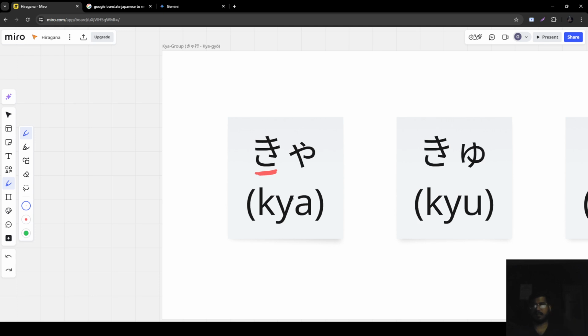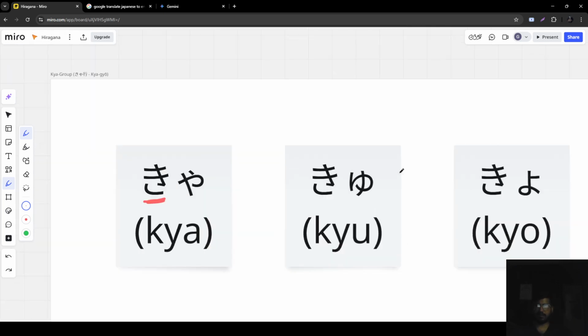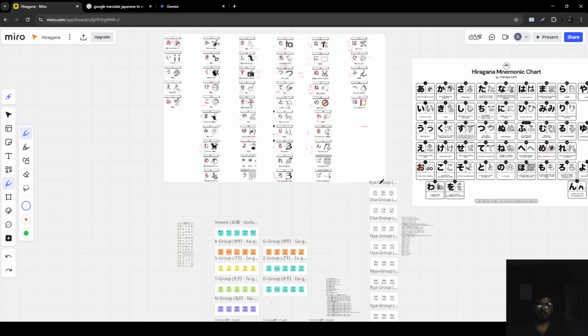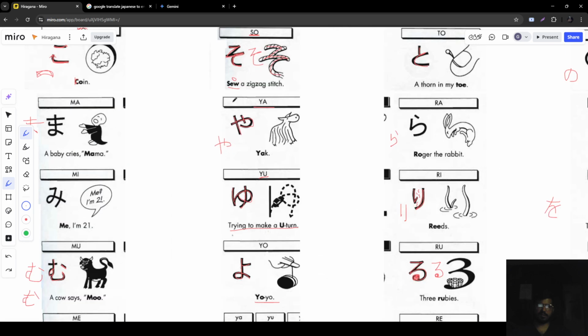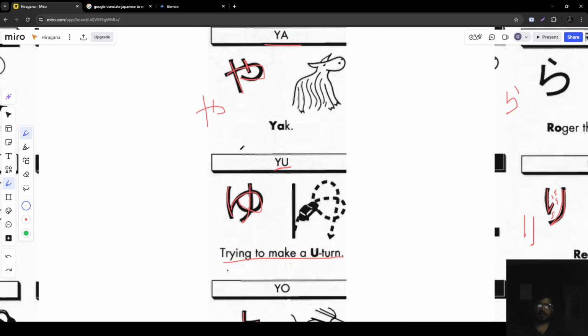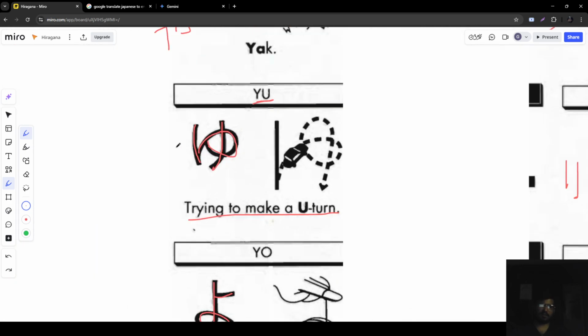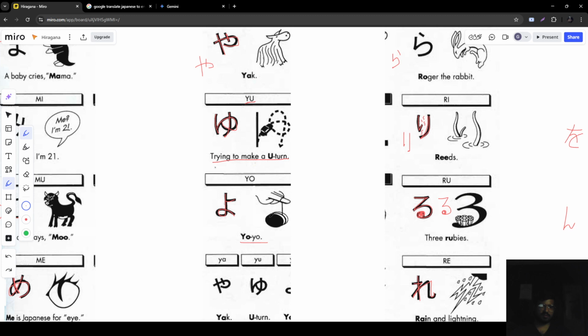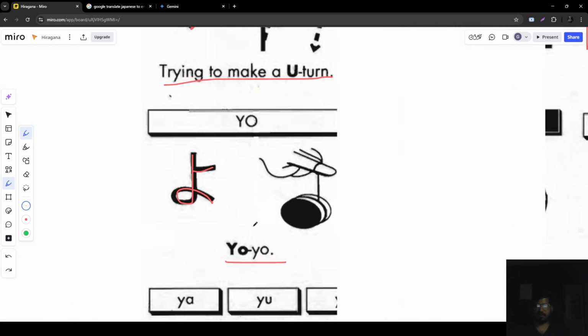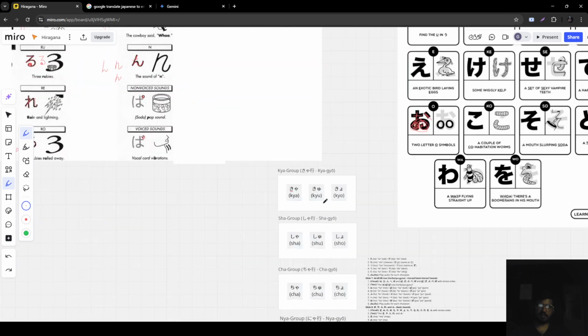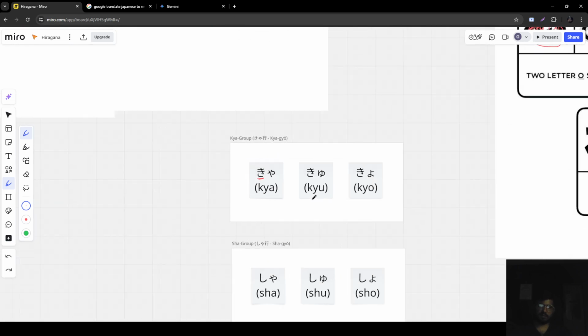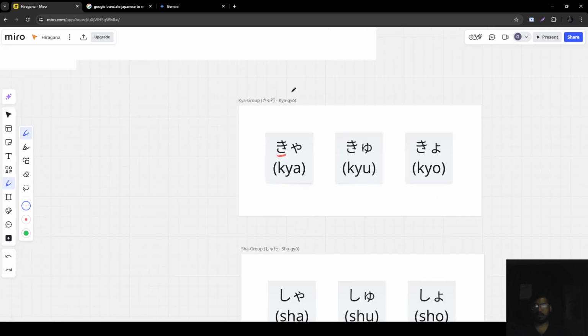In the same way, ki and yu becomes kyu. Where is the ya? This one, the U-turn or the unique fish, whichever you can remember better. The yo-yo. So when both of these get combined, it becomes kya, kyu, kyo.